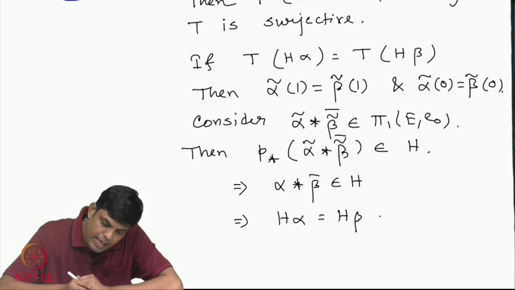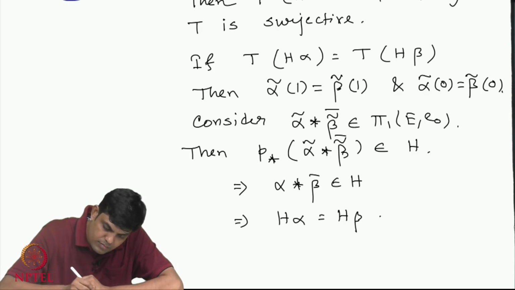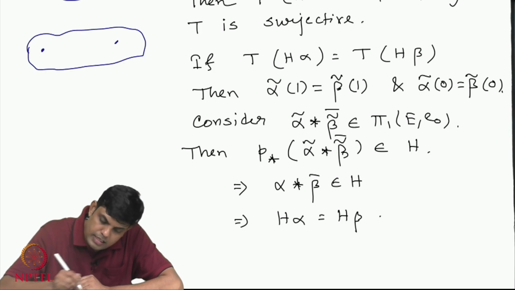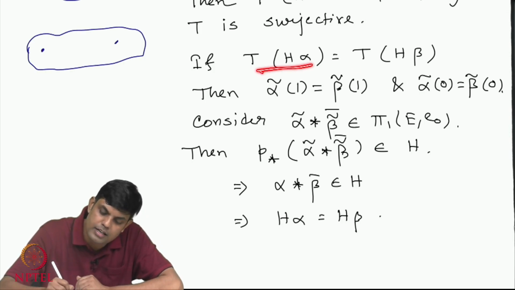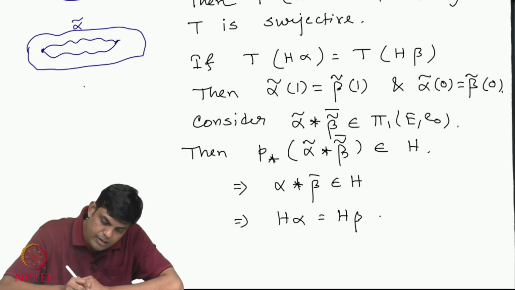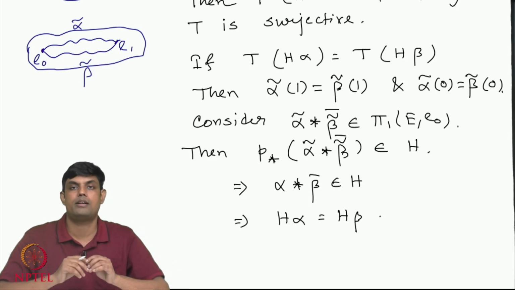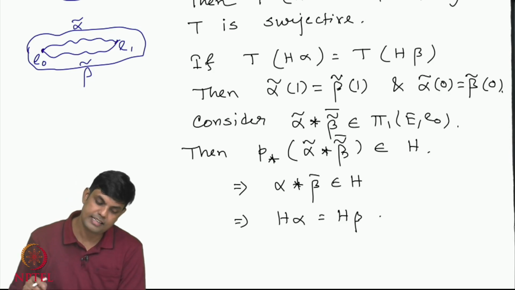This implies that alpha tilde 1 equals beta tilde 1. Therefore, I get these paths alpha tilde and beta tilde, which both start at E0 and end at the same point.